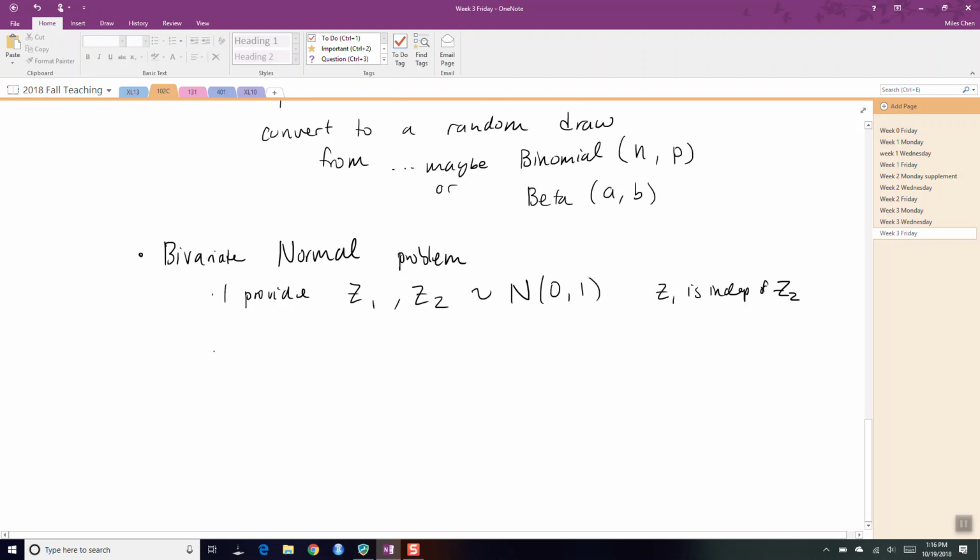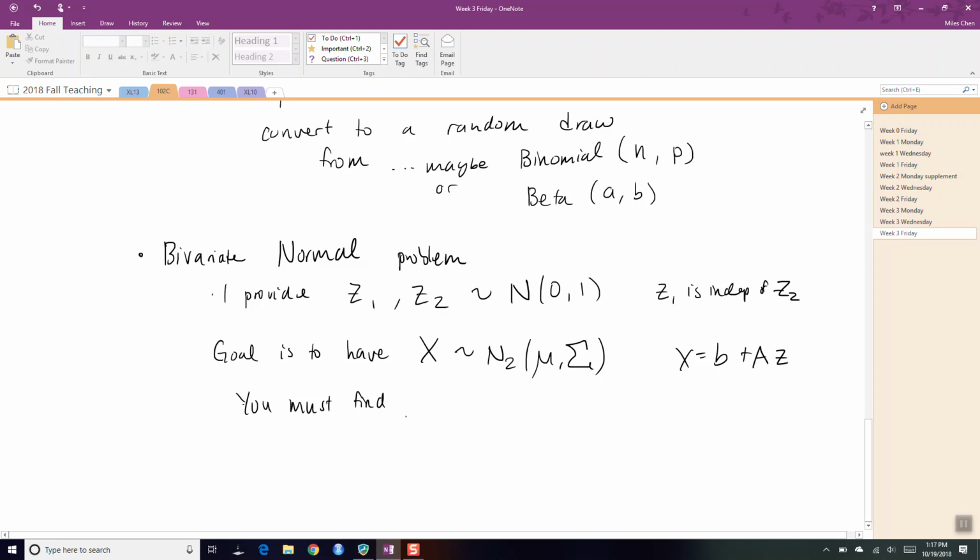And then the goal is to have X coming from normal 2 with mean mu and standard deviation sigma, and we'll define X as B plus A times Z. So you must find B and A, and then convert random draws Z1 and Z2 to X1 and X2. Okay?